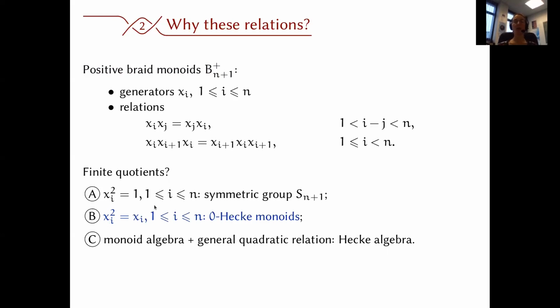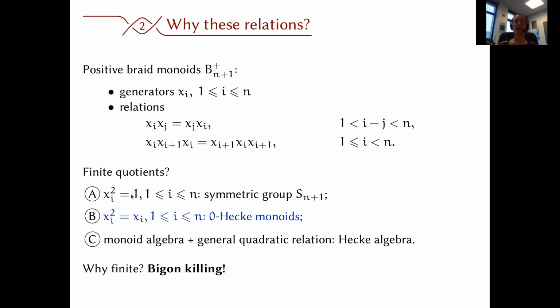Now, why are these quotients finite? The argument is very simple, but I prefer giving it just for you to have a feeling of how these topological considerations can be useful. So in the case A and B, in the involutive and idempotent case, the argument is similar.